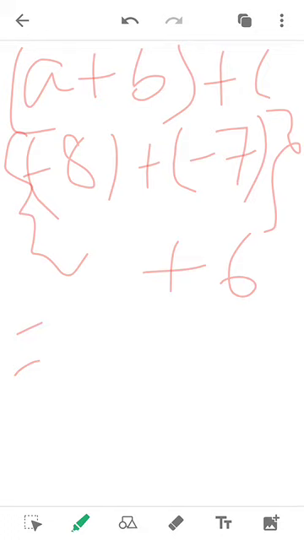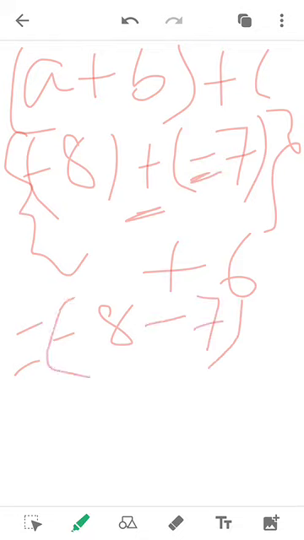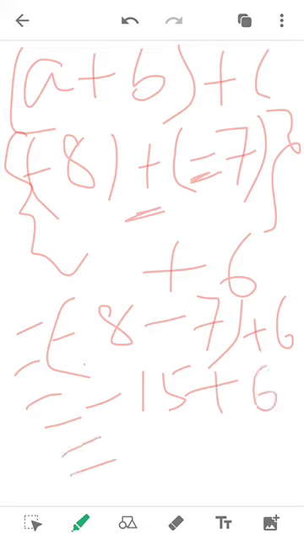We will get minus 8 plus minus 7 plus 6, which is minus 15 plus 6, is equal to minus 9.